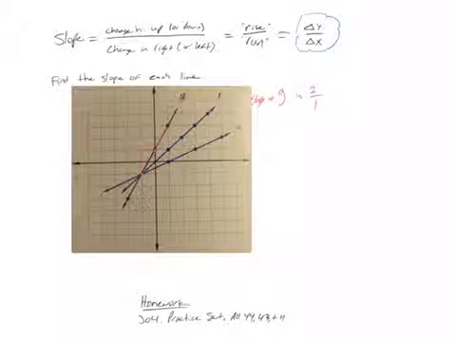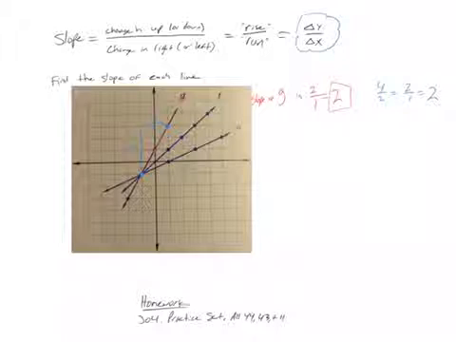Now, if I had picked different points on that same line, say this one down here, it'd still come out the same, because here I'd be going up 1, 2, 3, 4 spots, and now moving right 1, 2, so it'd be 4 over 2, which is still just 2 over 1, which is 2. So you can see no matter which 2 points you pick, you still get the same slope. So the slope of G is 2.